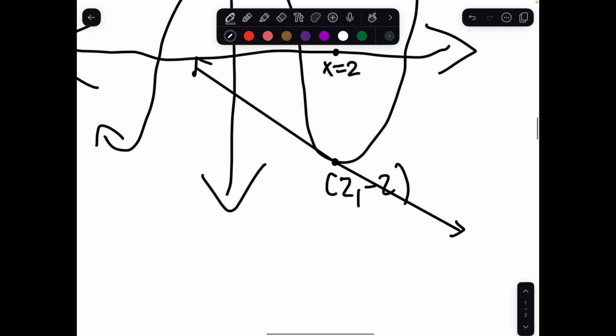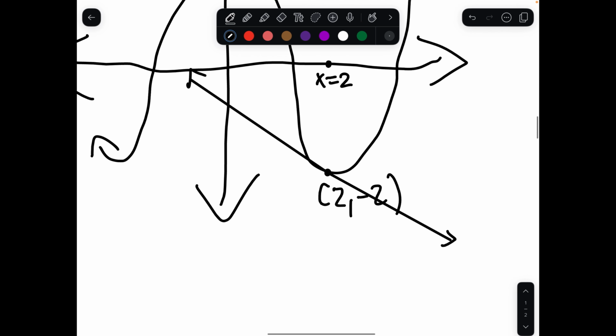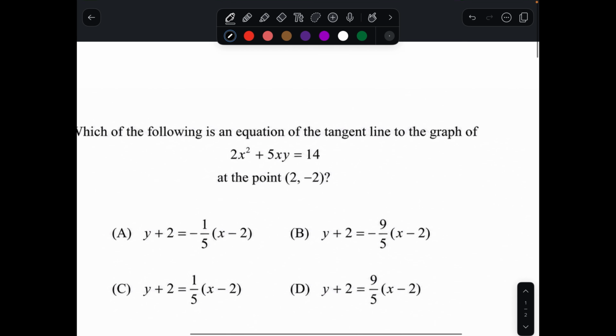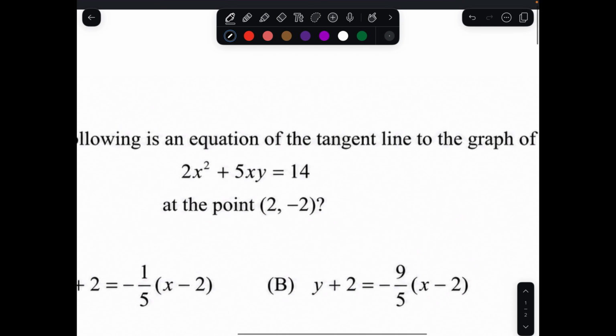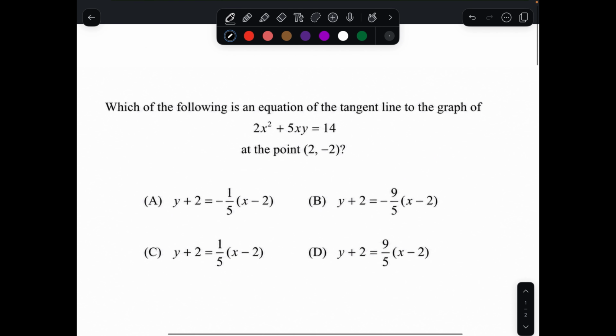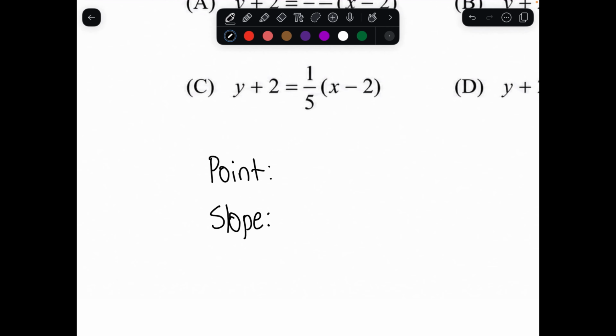So basically, we need to find the slope of this tangent line, and whenever you see equation of the tangent line on any question, just remember you need to get two things. You need to know the point, and you need to know the slope of the tangent line, right?